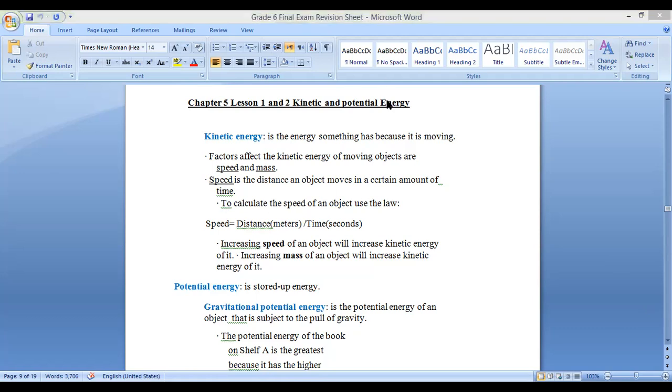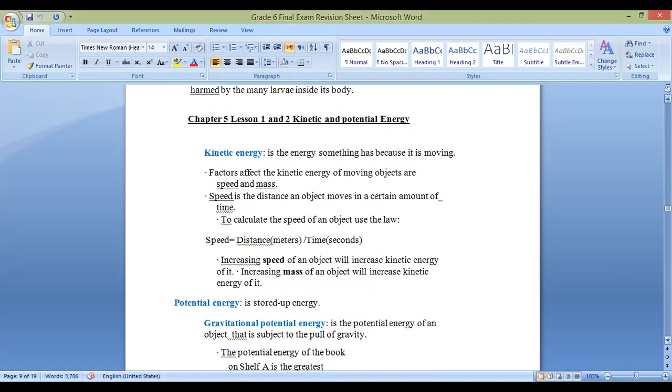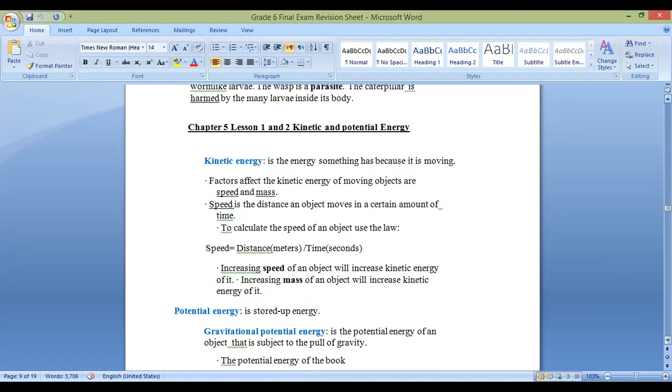The question was, if you have two books and you have shelves, shelf A, B, C. Shelf A is the highest shelf, B is lower and C is the lowest shelf.